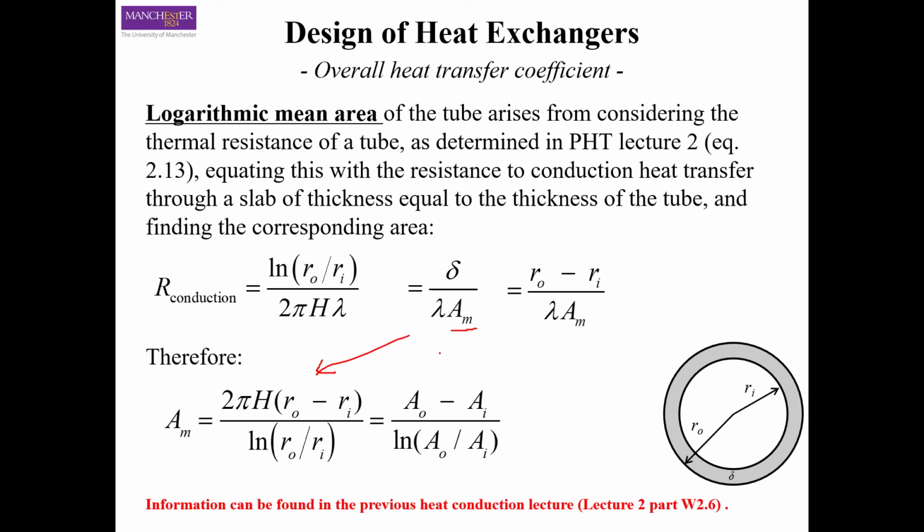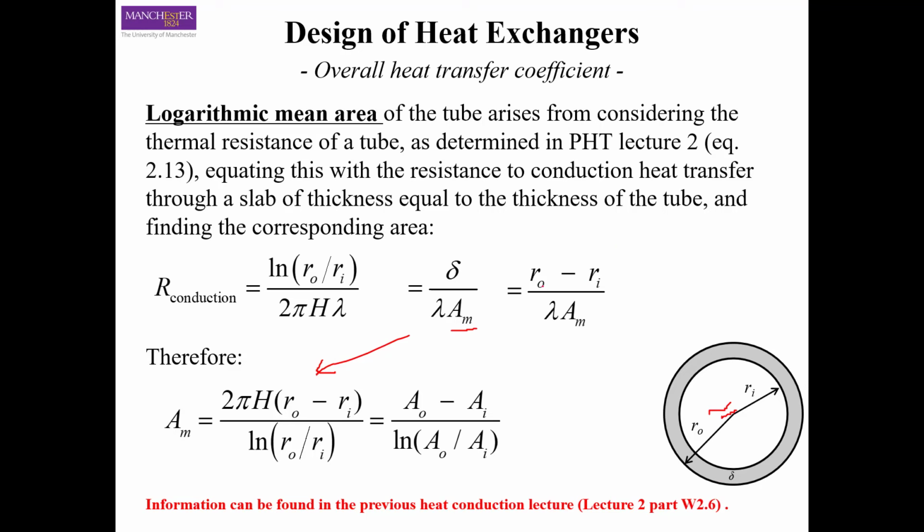Now what is interesting here is that if you are in a situation where you have thin walled tubes, it means that the thickness of your wall is negligible. It means that Ro and Ri are more or less equal. So you can assume the thickness is really negligible.